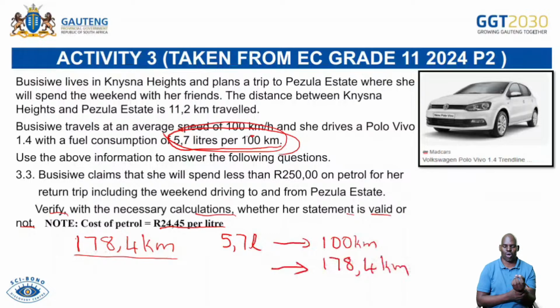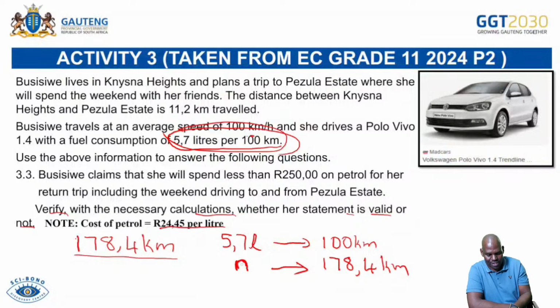Okay, we're going to use our cross multiplication. They traveled 174 kilometers. Now we want to know the number of liters that the car has consumed. Let's use letter N for the number of liters, or you can use X, or whatever letter. Then we cross multiply.